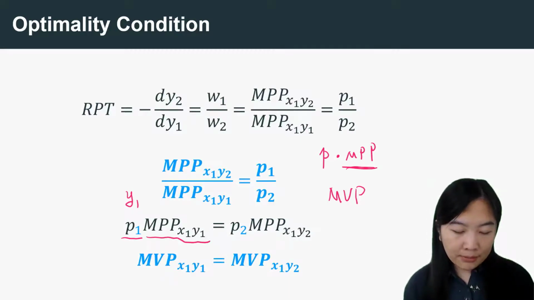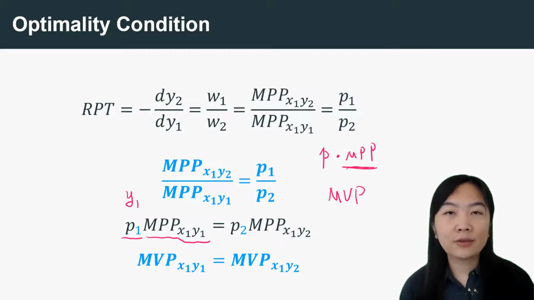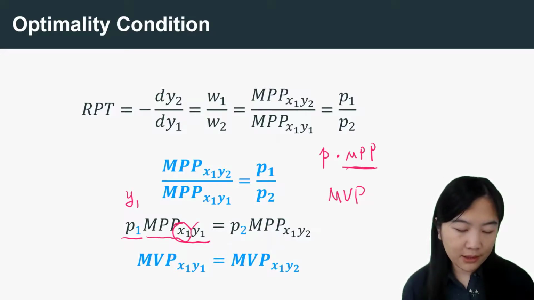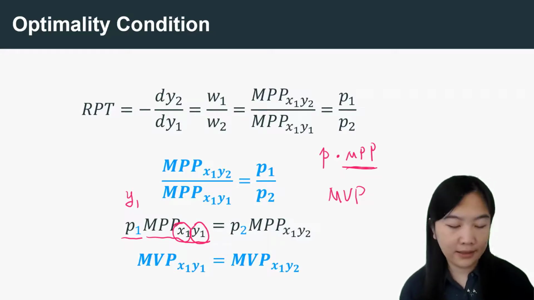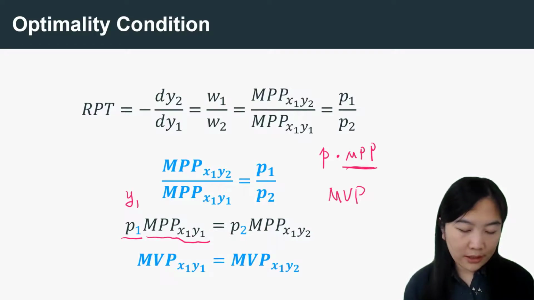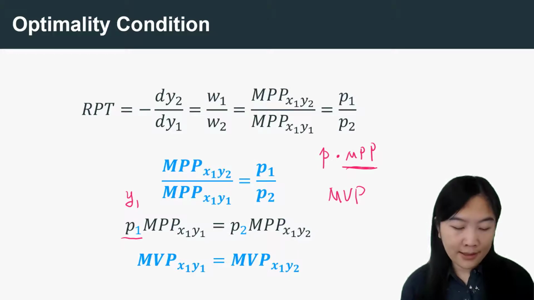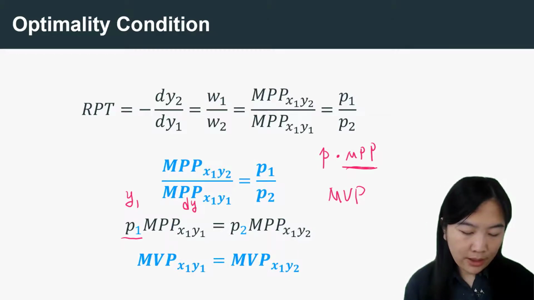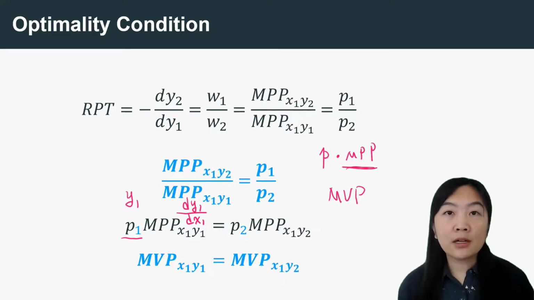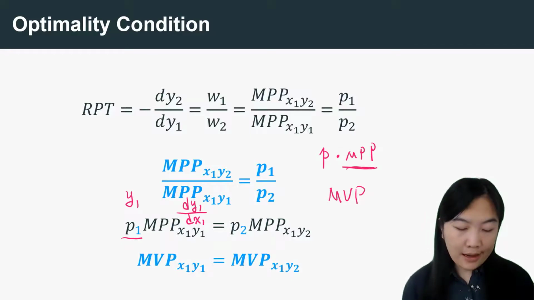And MPP x1 y1. This is why I explicitly write the x and y here, so that it's clear. MPP x1 y1 is actually dy1 over dx1. So it's the marginal product of the first output y1 with respect to the input x1.